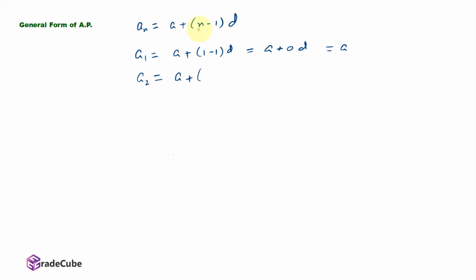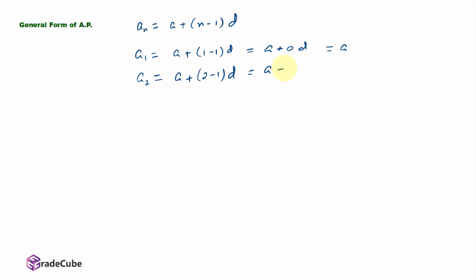Now comes the general form of AP. As we have learnt, the formula for nth term is a plus n minus 1 d. So a1 becomes a plus value of n is 1 minus 1 into d, means a plus 0d. It is a. Similarly, a2 becomes a plus n minus 1, means 2 minus 1 d.